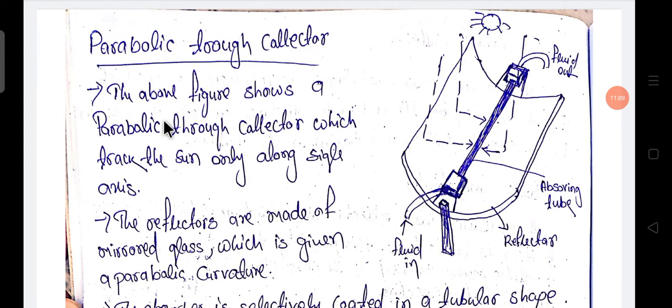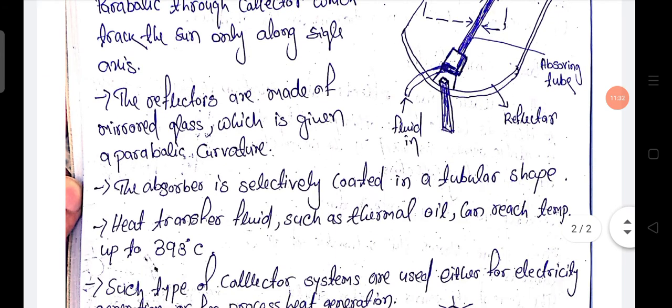So the reflector is made up of mirrored glass, which is given a parabolic curvature. This is the reflector, made with curved glass and shaped like a parabola. The absorber is selectively coated in a tubular shape.